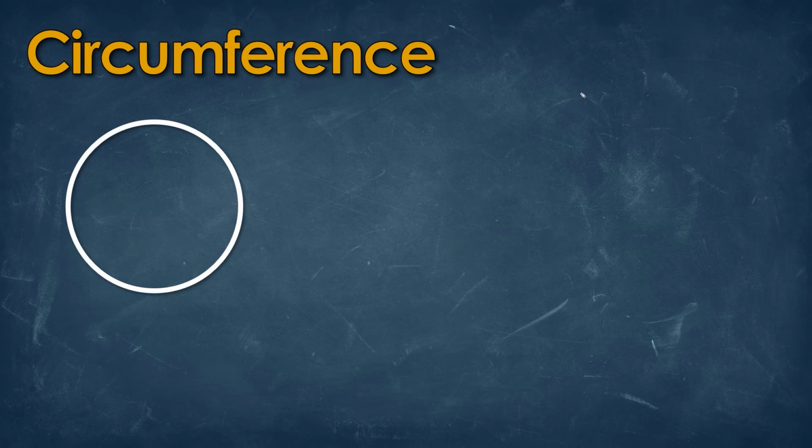So let's do another example. Again, we have circumference is equal to d times pi. But what if from the center of our circle to the edge, we have a value of 3? Now remember, from the center to the edge is the radius. The diameter would be 2 radiuses, so we'd have 2r, meaning 3 plus 3. That would change our equation from circumference equals d pi to circumference equals 2r pi.